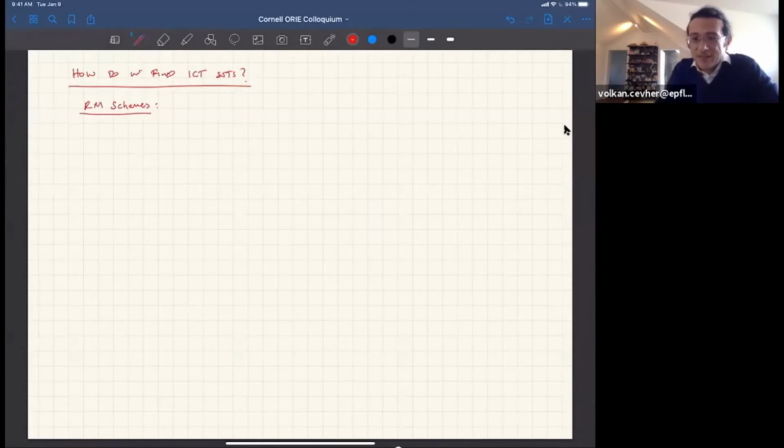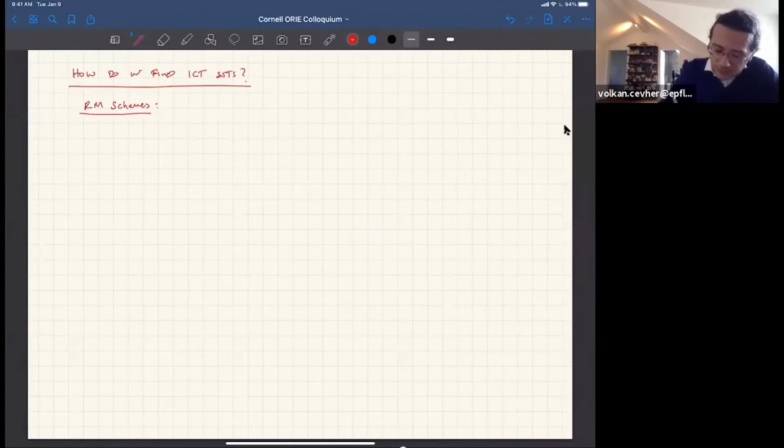In the min-max case, gradient descent ascent, extra gradient, optimistic gradient descent ascent, Popov, all kinds of algorithms fit into this. But I think that I won't have time to explain the details of this. But here is the idea, right?